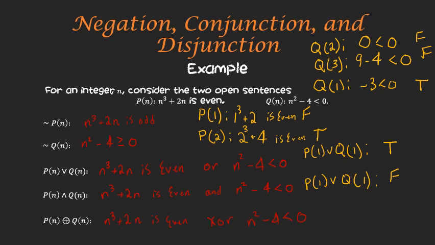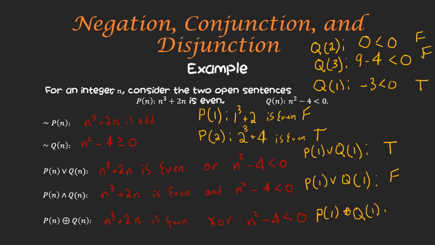All right, let's take a look at P of n XOR Q of n. Again, we'll just try it with 1, P of 1 XOR Q of 1. All right, so for this, we'll look at P of 1, which is false, Q of 1, which is true.